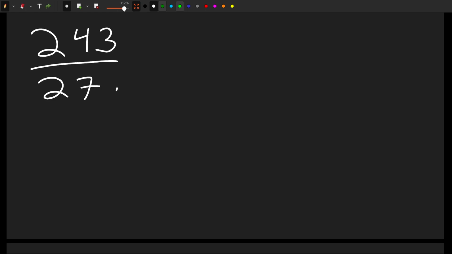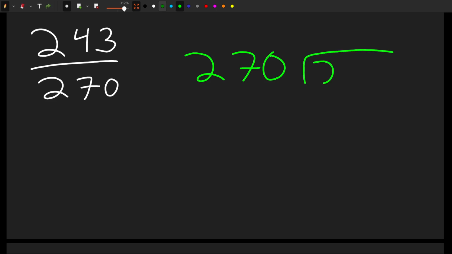Okay, the next fraction we're going to convert is 243 divided by 270. And so I'm now going to switch to lime green, so that way it's the correct color. 270 is on the outside, 243 is on the inside.